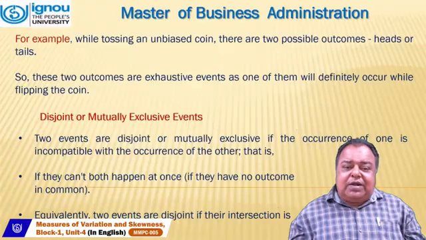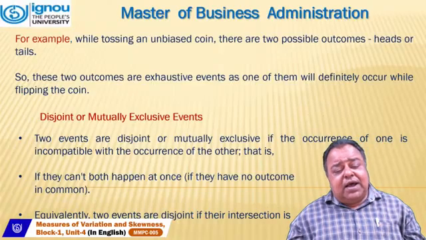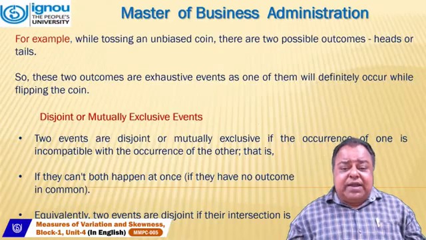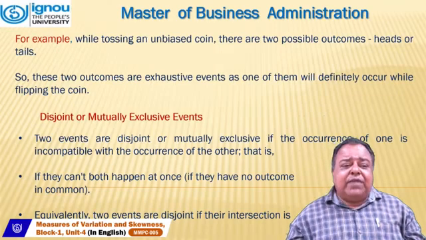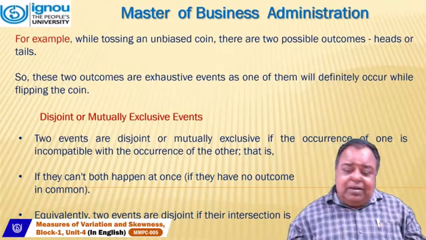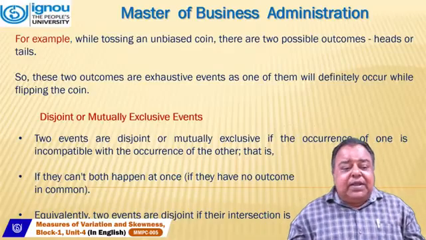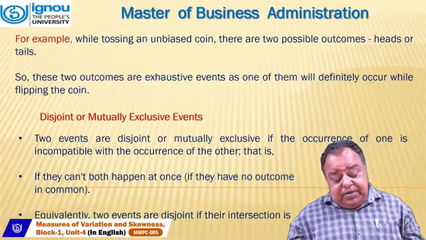For example, by tossing an unbiased coin, there are two possible outcomes, either a head or a tail. These two outcomes are exhaustive, as one of them will definitely occur while flipping the coin, and it won't stand straight.